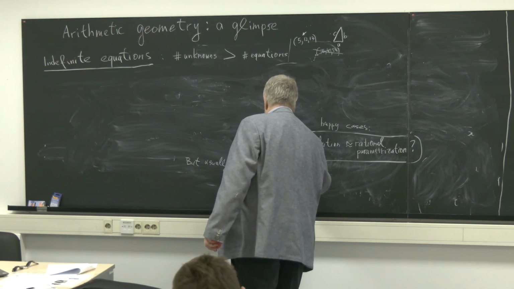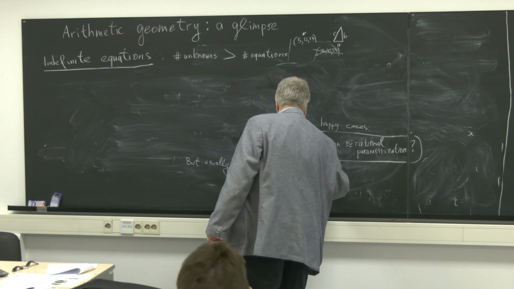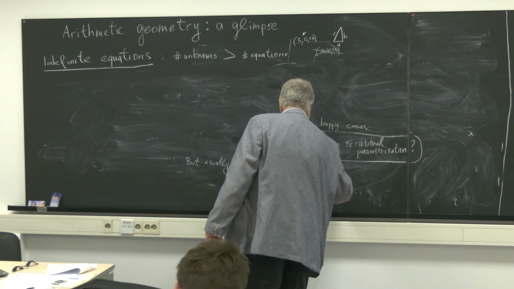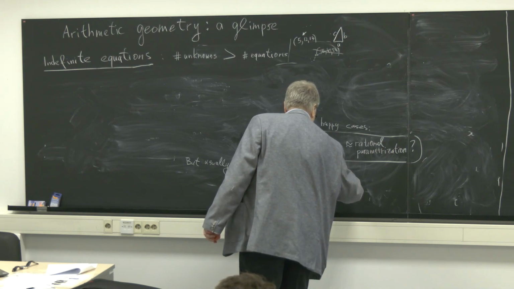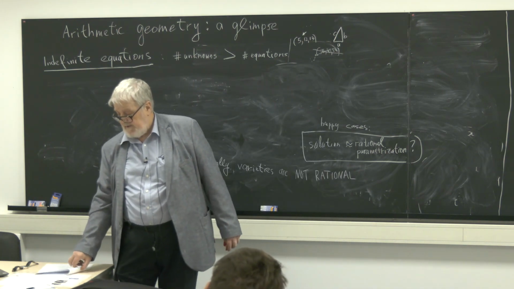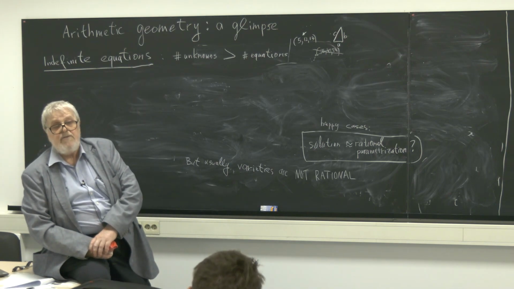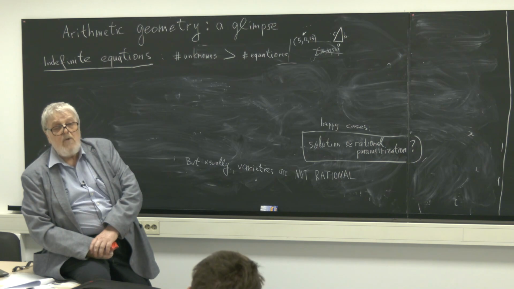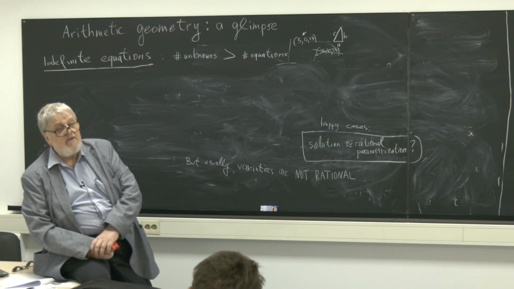Varieties are not rational. By definition, it means that such a parameterization is impossible. Now please raise your hand those who know what is a rational algebraic variety.